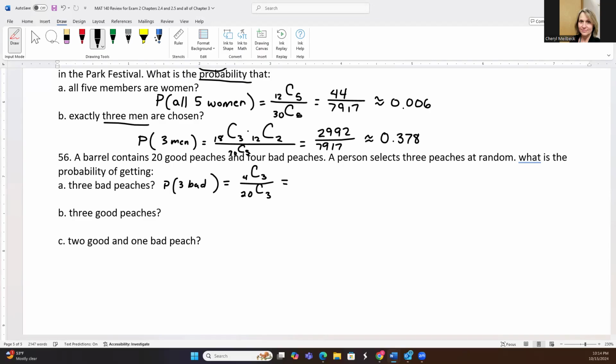Let's see what that gives us. You know what? I made a mistake. Choosing 3 bad peaches, there are 3 bad to choose out of 4, but our total number of peaches should be 24. So down here, instead of 20, I should have 24 choose 3.